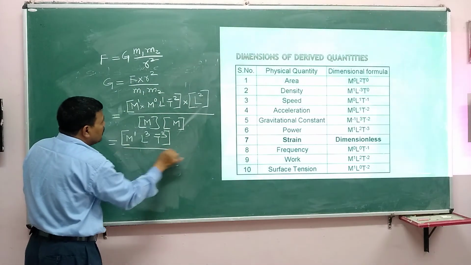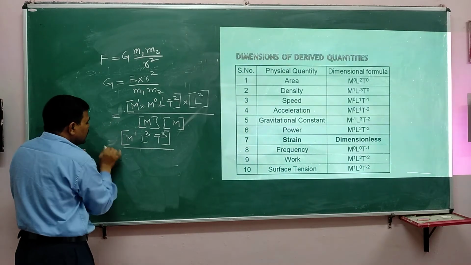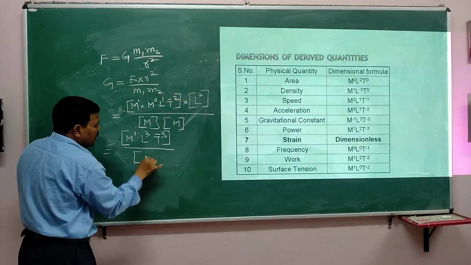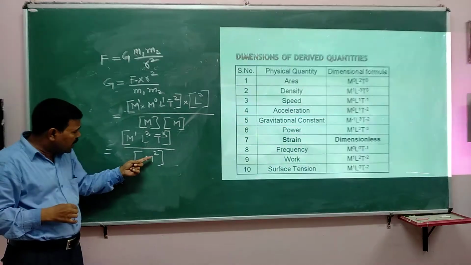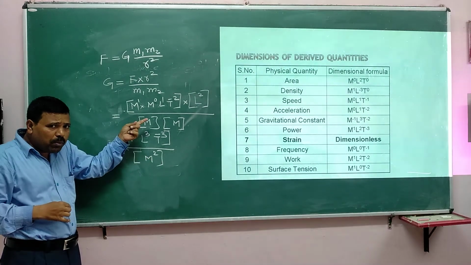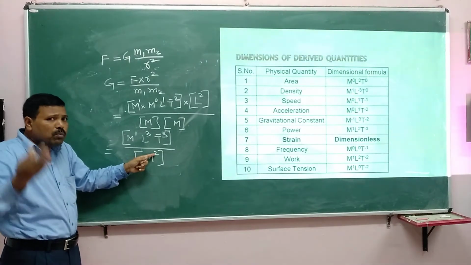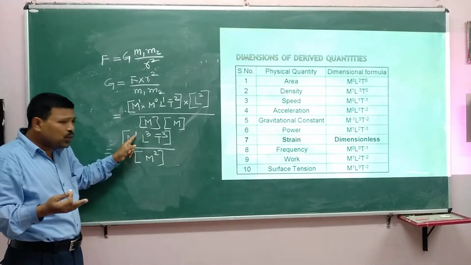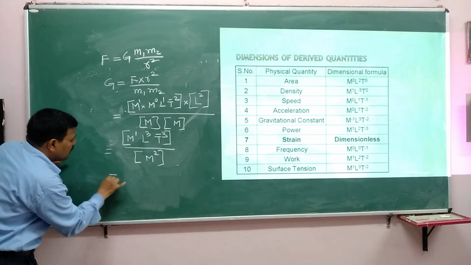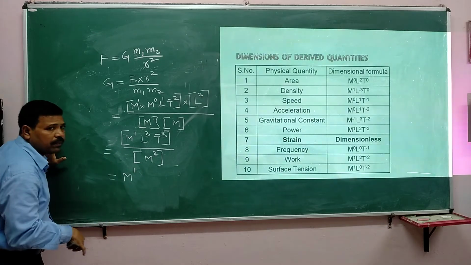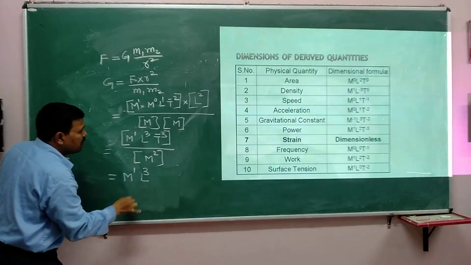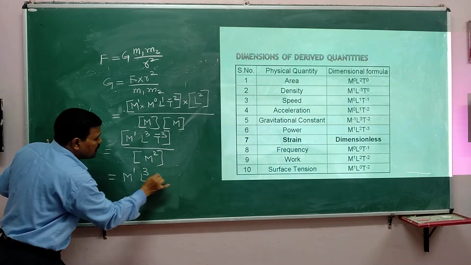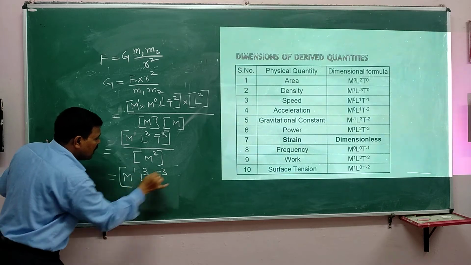And what about the dimensional formula of mass square? That is M raised to 2. Now we can take this M raised to 2 to the numerator. It will become M raised to minus 2. Then minus 2 and plus 1 will become M raised to minus 1. And there are no L terms. L raised to 3 remains same. There are no T terms. T raised to minus 3 remains same.